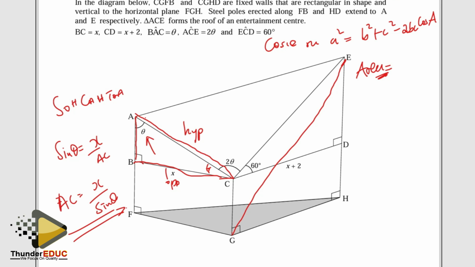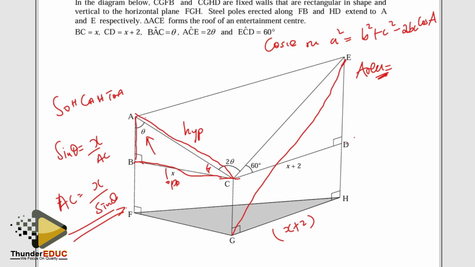Okay, so what we also know is that since this is a rectangle down here, if this is x plus 2, even that must be x plus 2. Okay, what else do we need? We need 60. Is there any other information they give us?